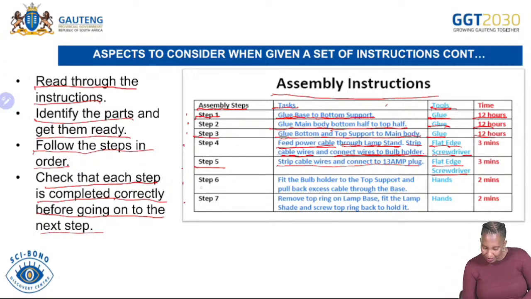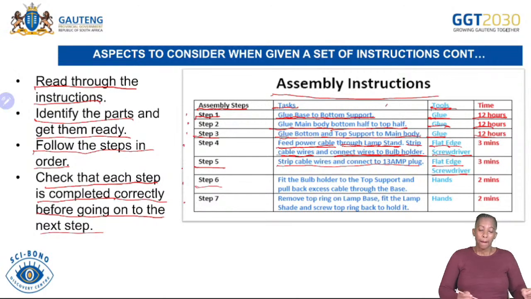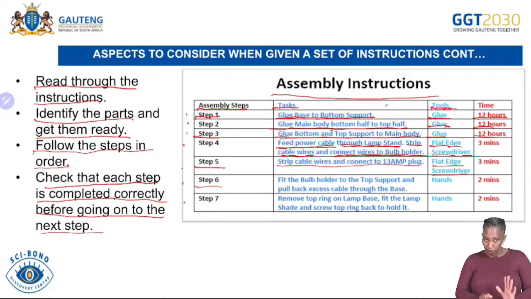Step number 6, as you can see now, we are fitting in what? The cable onto the bulb holder or onto the globe holder. The stand, remember we have put together the stand. Now we are feeding the stand with the cables and the plug. Now step number 6, it says feed the bulb holder to the top support and pull back excess cable through the base.